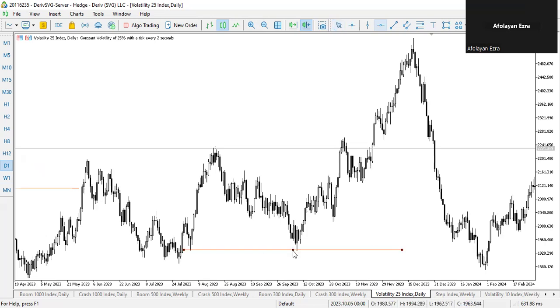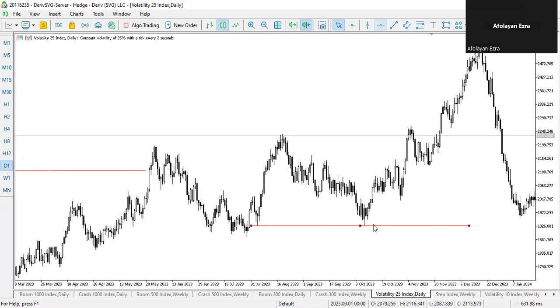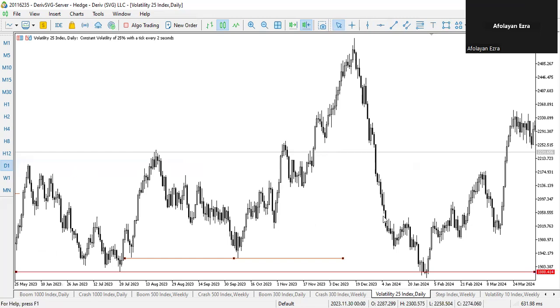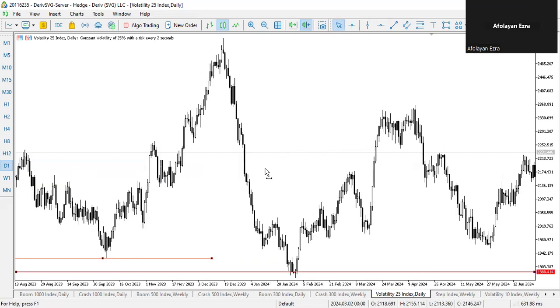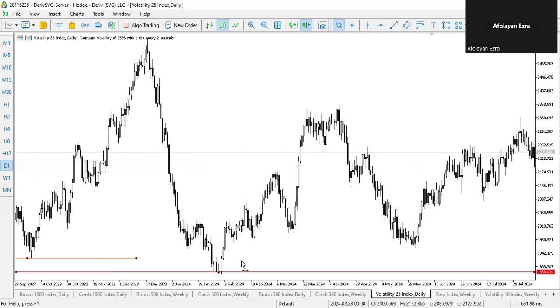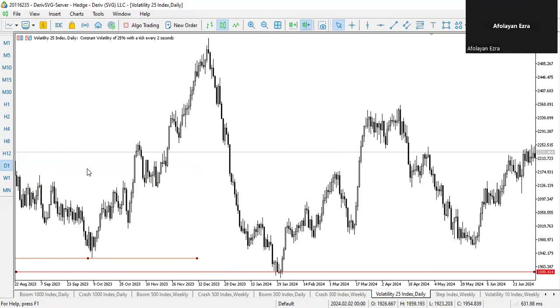Let me see, this place is actually liquidity, equal lows. Price took out equal lows. So let me see whether price took out this major low here. If price takes it out, the structure has been broken to the downside. So price actually didn't take this daily structure out.